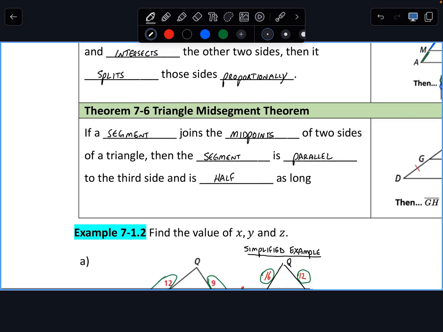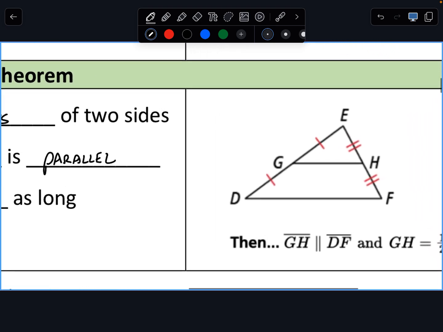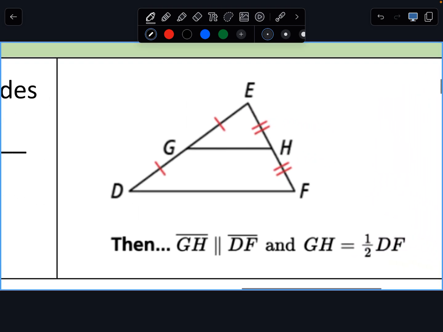All right, so let's take a look at this diagram over here where we can see our mid-segment. So in this case, I can see that G has to be a midpoint on the left-hand side. How do I know that? Well, because these congruence markings say I have the same amount of distance on either side of G, which means G is right in the middle, and it's a midpoint.